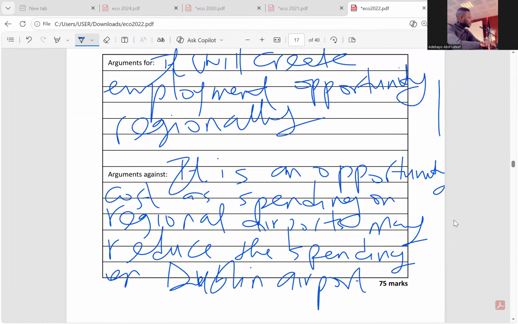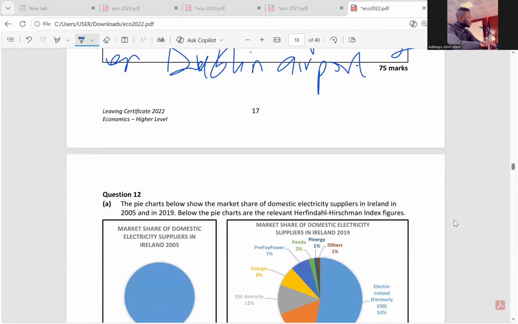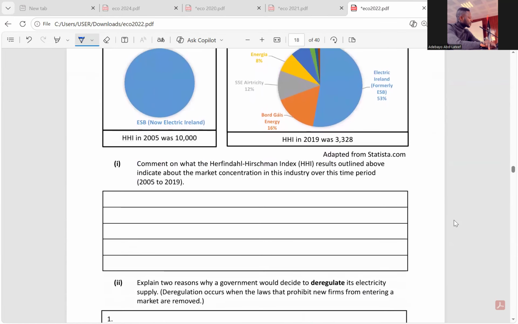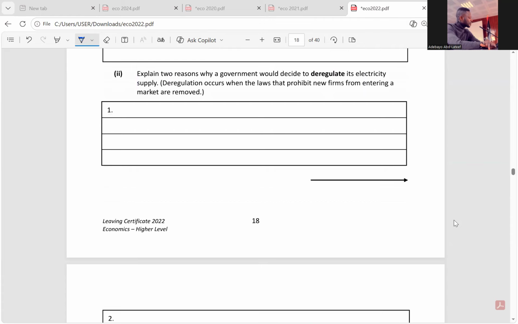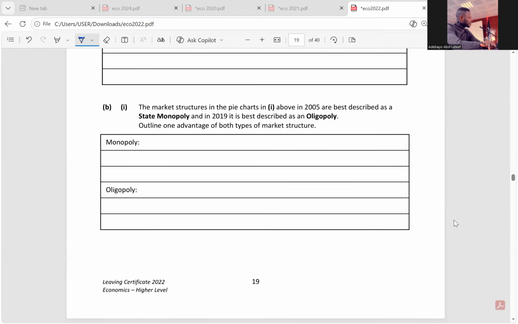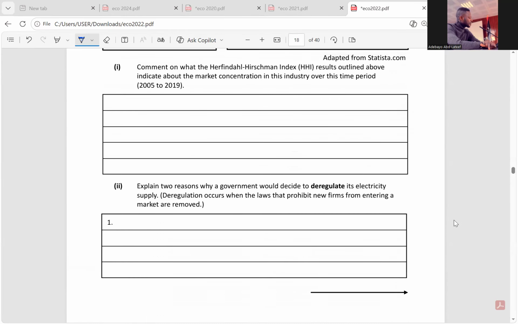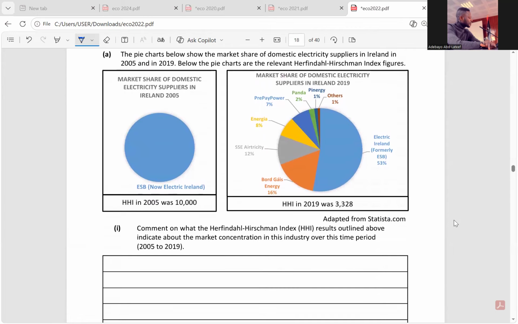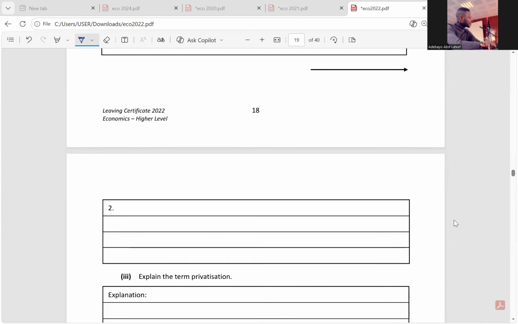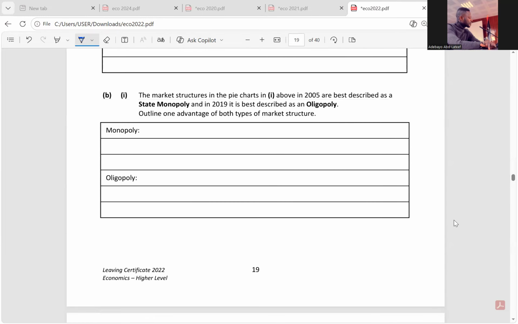Did you get that? The spending on Dublin Airport, yeah. Okay. What else is there? Which one over again? 12B, right? Yes. Okay.